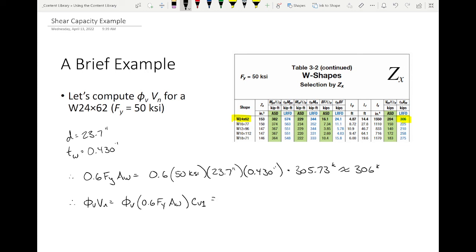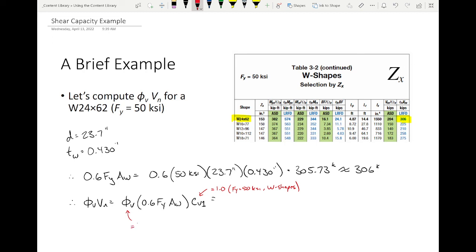Now, what I can tell you is that the buckling constant doesn't end up being a problem for rolled W shapes that are 50 ksi. You can look at the math and see, but this value is always going to be 1 for rolled W shapes, 50 ksi. So it equals 1 for 50 ksi W shapes.